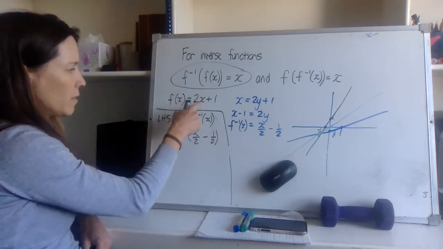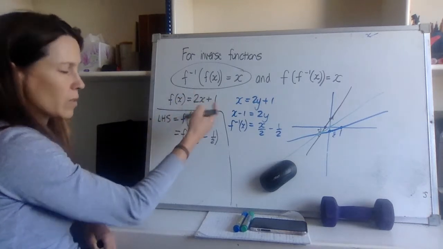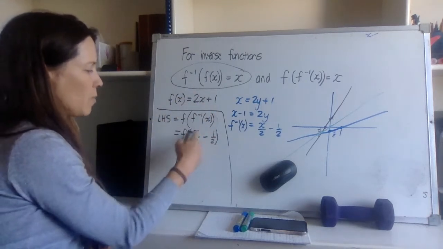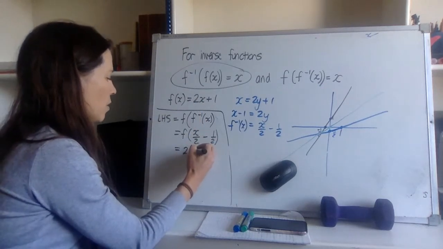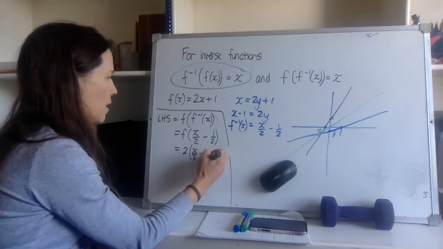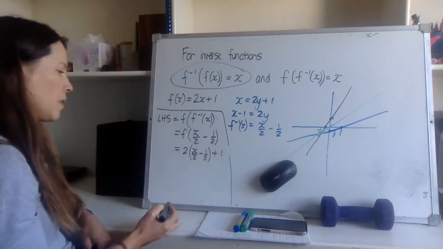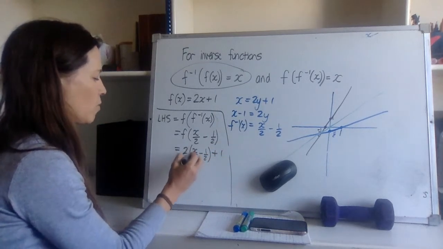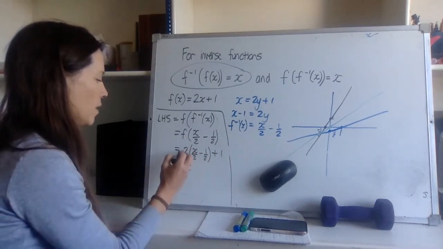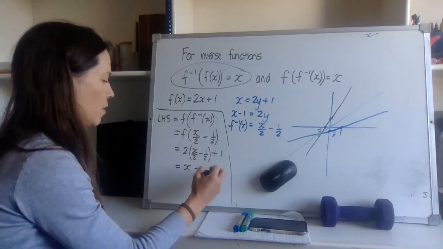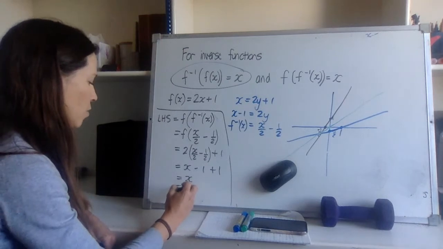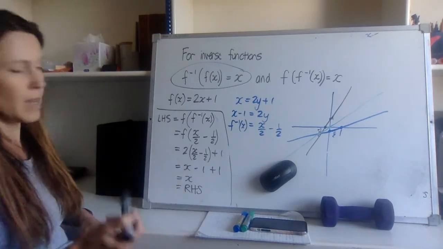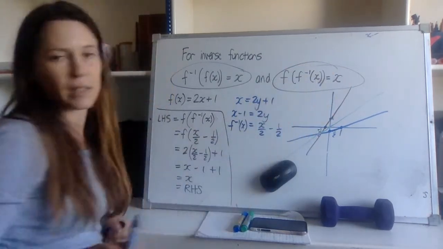Anywhere there's an x, and here there's 2 lots of some stuff plus 1, but this needs to be our stuff. So we put this in where the x is. So we've got 2 lots of (x over 2 minus a half) plus 1. Now we can expand the brackets, and 2 multiplied by that gives me x. 2 times negative a half plus 1, and clearly we get x as we expected, should get x if it works out, and we've proven this little identity as well.